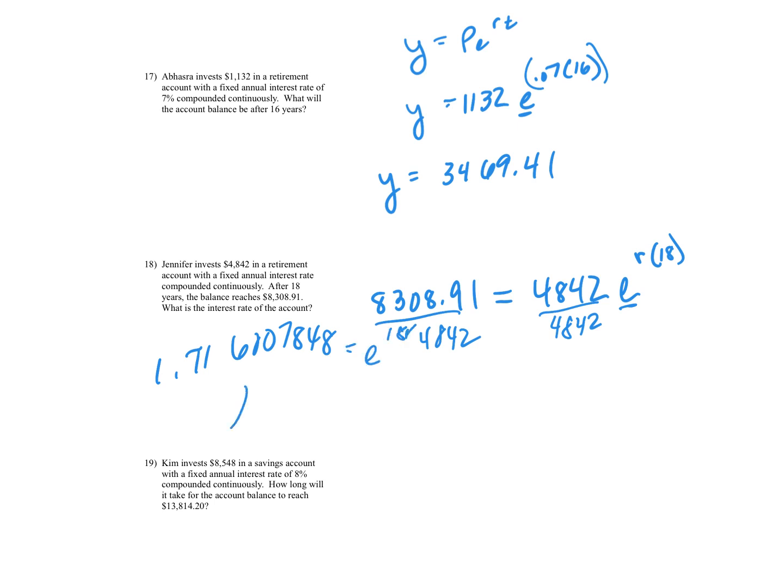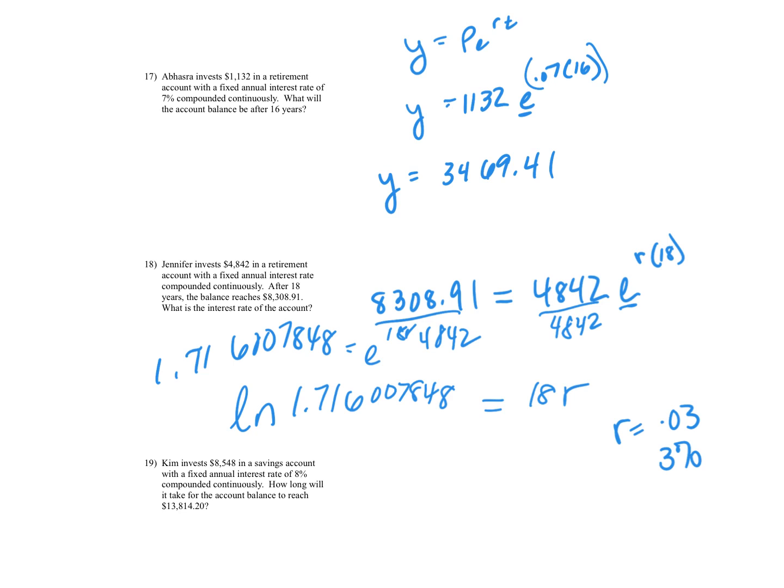So we're going to put this in logarithmic form. ln of 1.716007848 equals 18r. And we find the ln of that and divide by 18. And we get that the rate is 0.03, which is 3%.